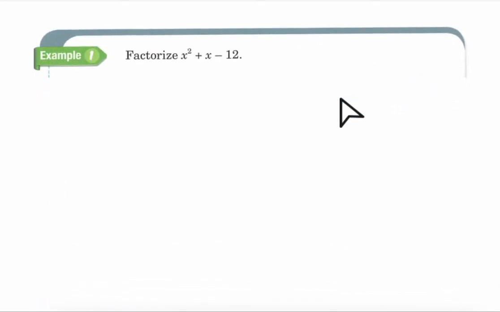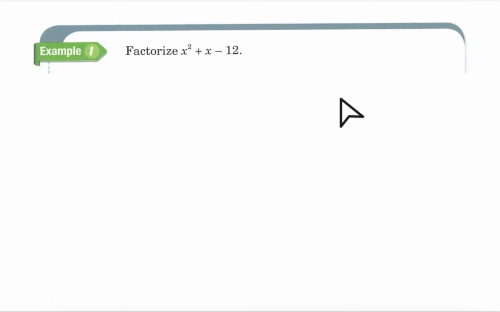Here is example 1. We need to factorize, or factor, x squared plus x minus 12. You can go ahead and pause the video and try it on your own first if you think you got it.